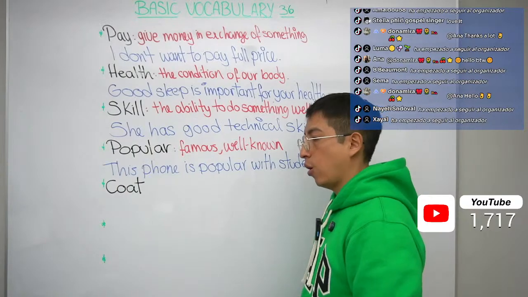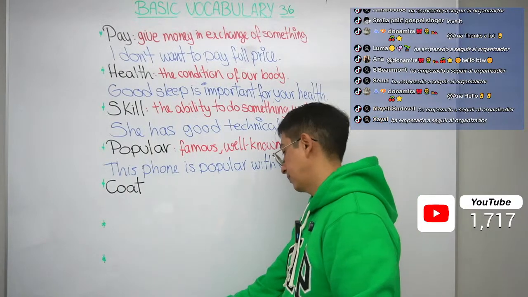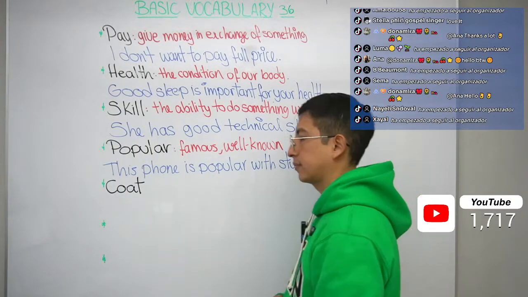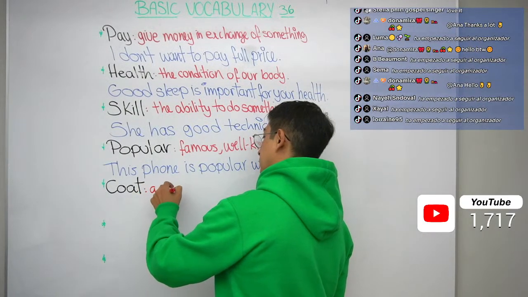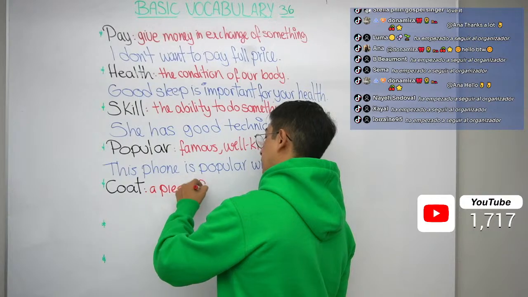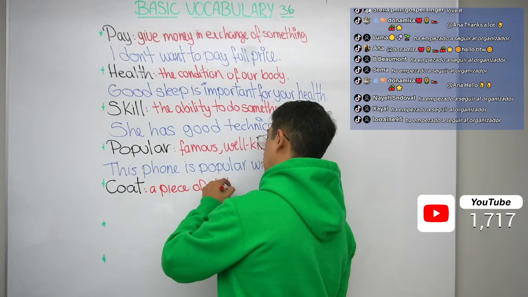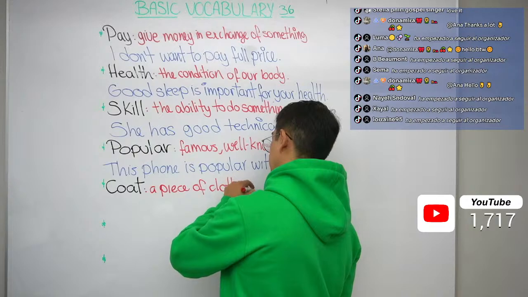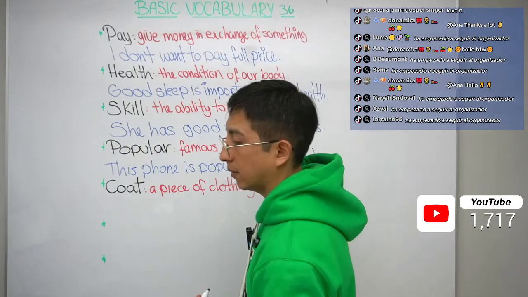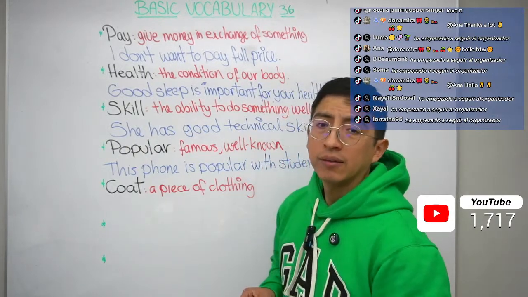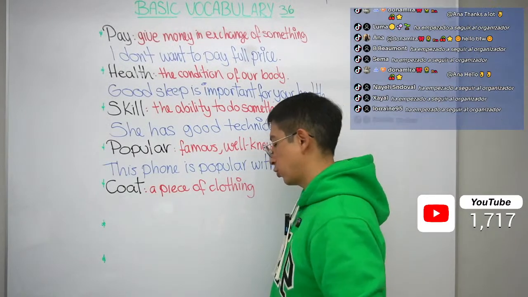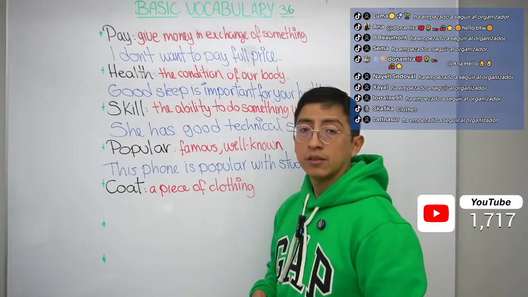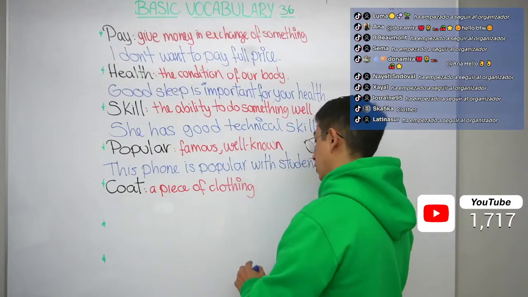Guys, what does coat mean? Again, this is a piece of clothing. Yes, it's a piece of clothing. This is especially worn in winter. Yes, so it's a piece of clothes.